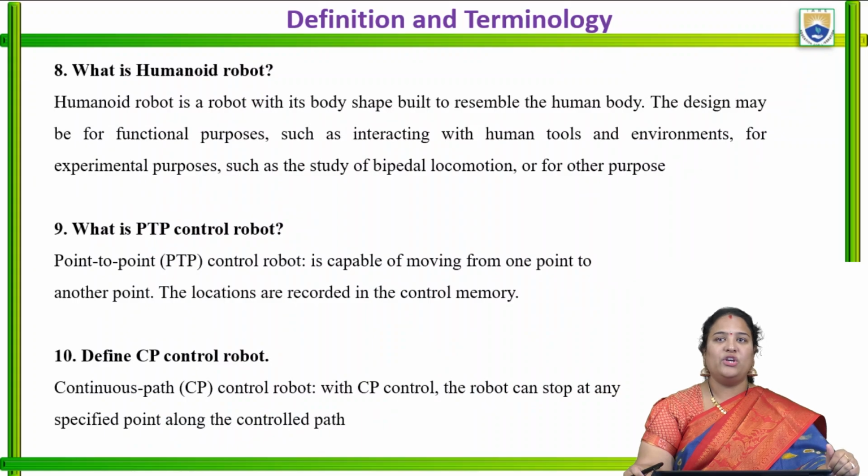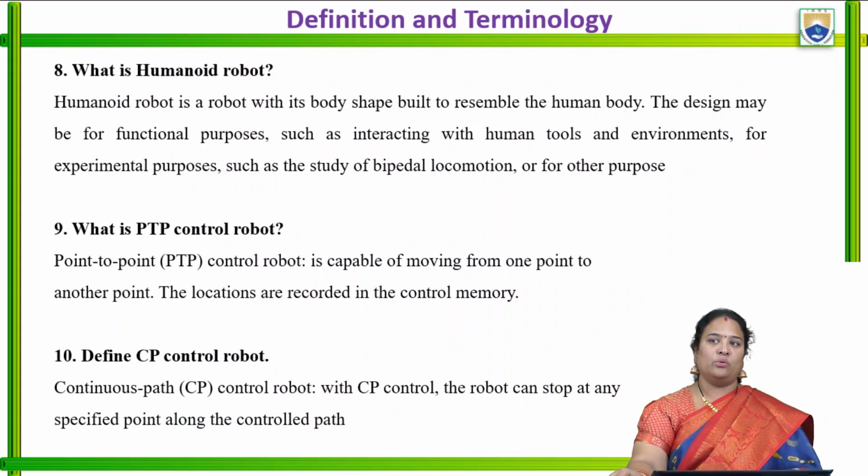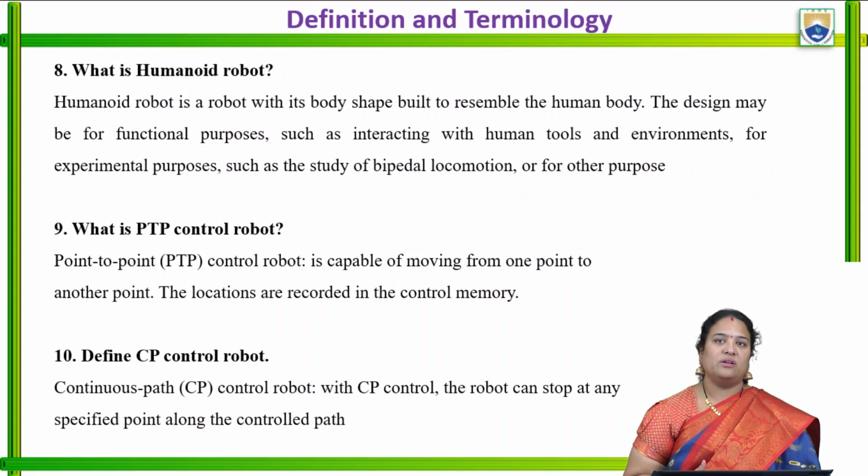Next, what is a humanoid robot? As we all know, a humanoid robot is nothing but a robot which is designed to resemble a human body and does work the same as a human. For example, nowadays we are using this type of humanoid robot in household applications, or in medical fields like hospitals for surgeries, right?